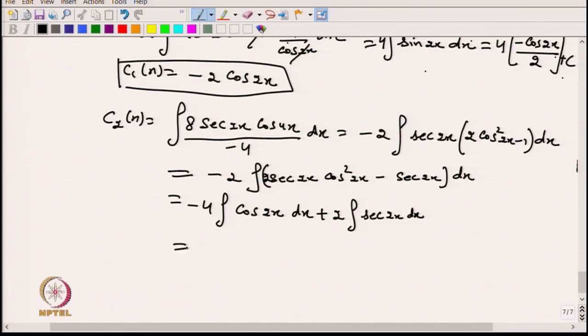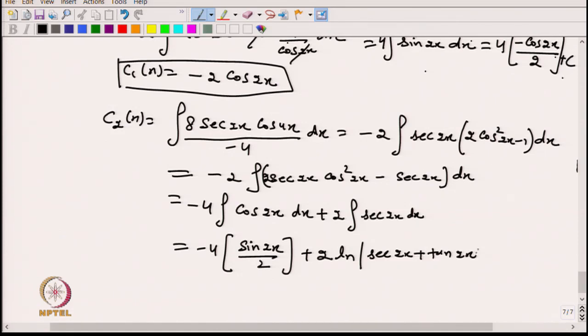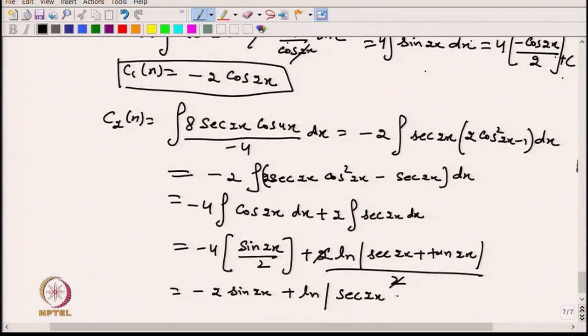Now cos 2x integration is sin 2x by 2, and then log of secant 2x plus tan 2x divided by 2. So, you will get minus 2 sin 2x plus ln of secant 2x plus tan 2x.